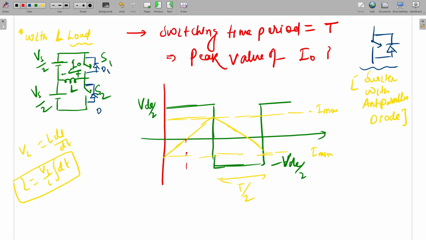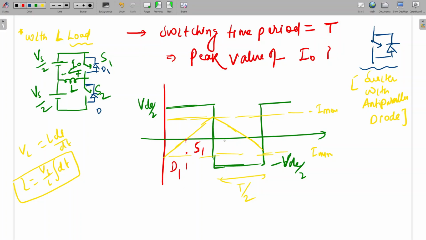Current is positive means this switch will conduct. So this S1 will conduct here, and here voltage is positive but current is negative. So this switch will not allow flow of current in this direction. So current will flow through the diode in reverse direction since this is negative current. So here D1 will conduct.